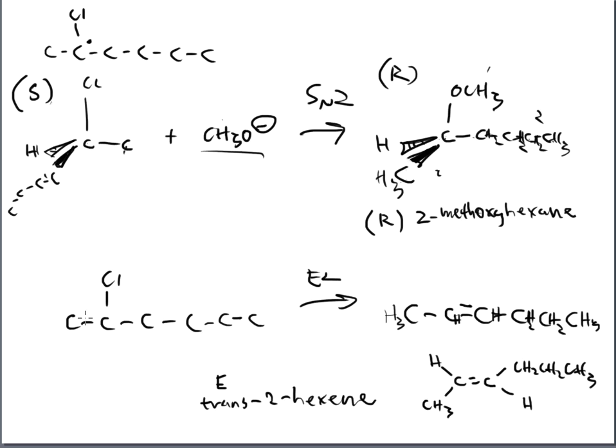Down here below, S-2-chlorohexane can also undergo an elimination bimolecular reaction in order to form a trans 2-hexene as a product. That also prevents carbocation rearrangement. In both of these reactions, we are utilizing a very strong nucleophile in the methoxide group, but the methoxide group only goes onto the incoming molecule with substitution. The methoxide group does not go onto the product with elimination.